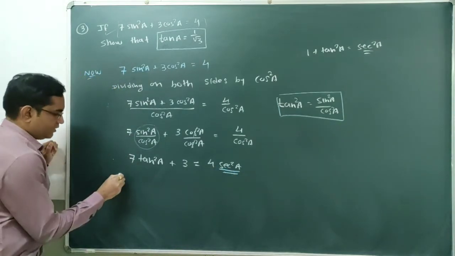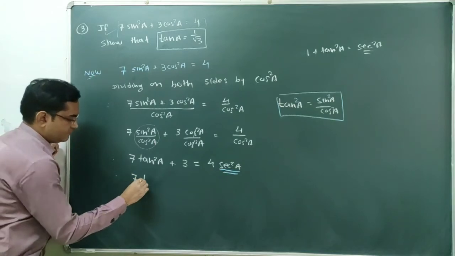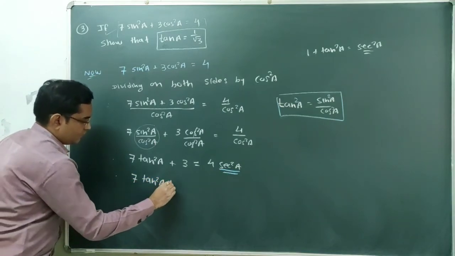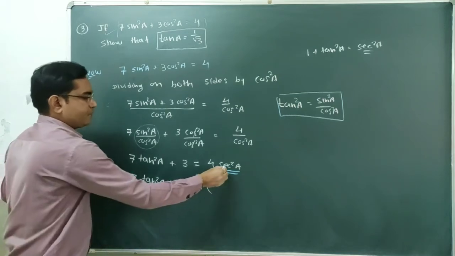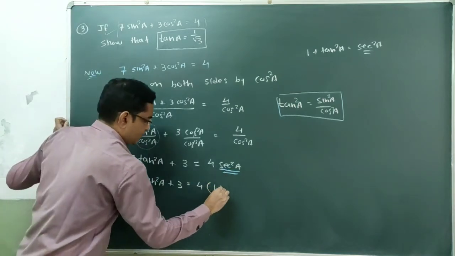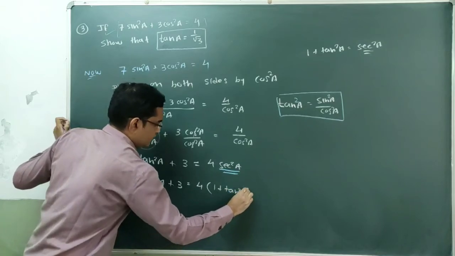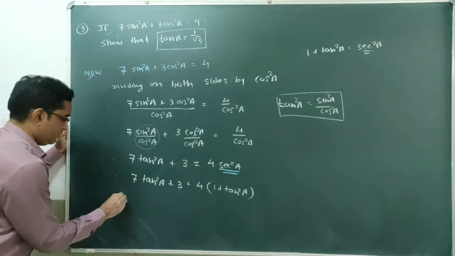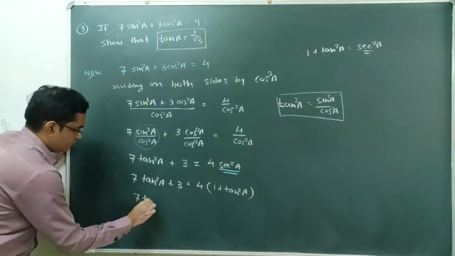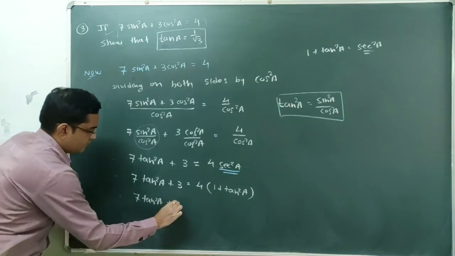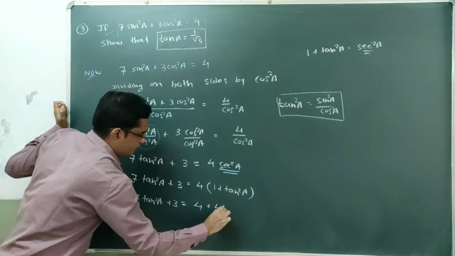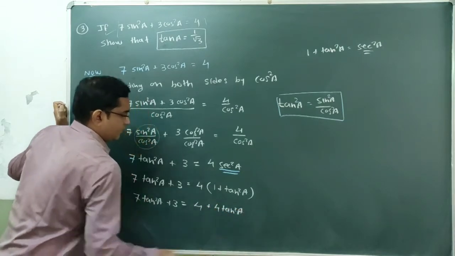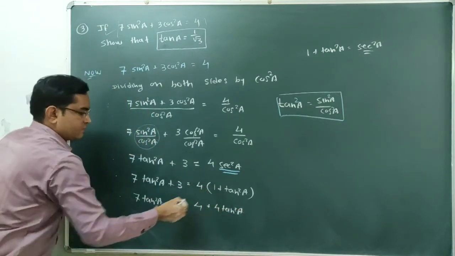So again for the simplification, it's 7 tan square a plus 3 equal to 4 into sec square a, that is 1 plus tan square a. Done? So it's 7 tan square a plus 3 equal to 4 plus 4 tan square a expansion.